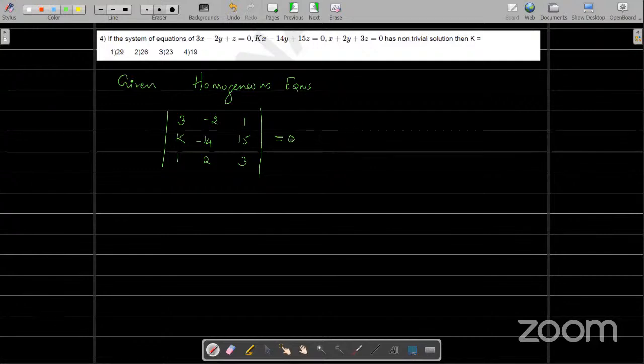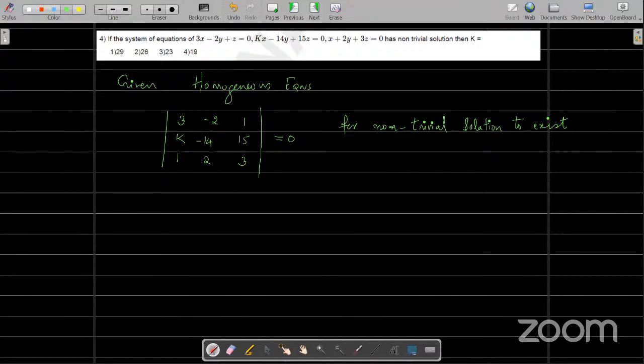It should be equal to 0 for a non-trivial solution to exist. Okay, so now quickly we can calculate the determinant equal to 0, so we get the value of k here.